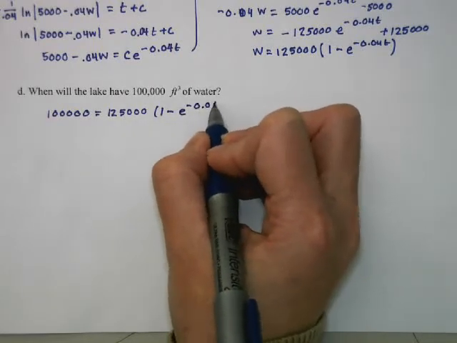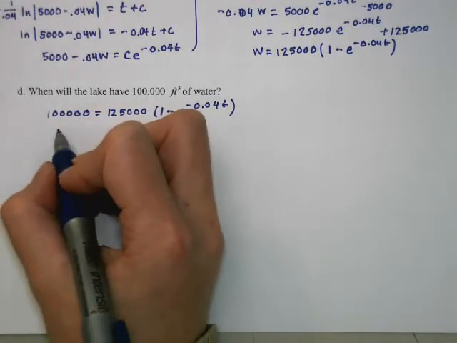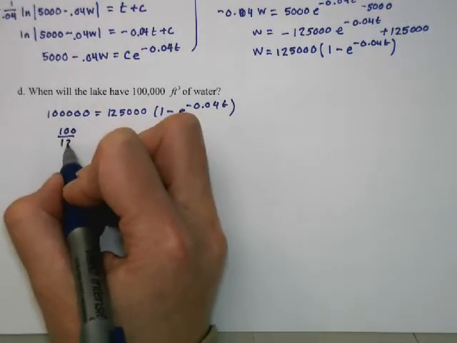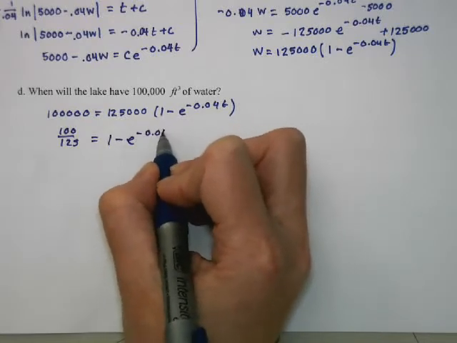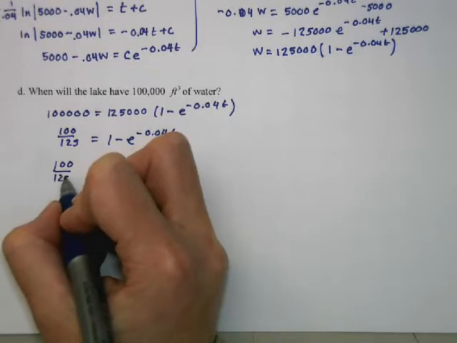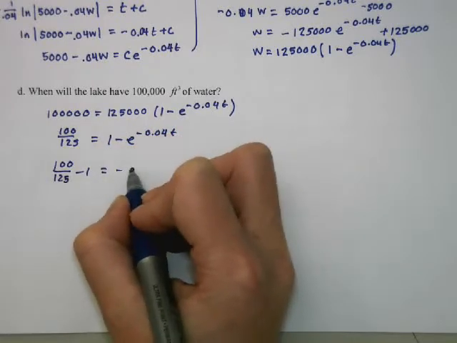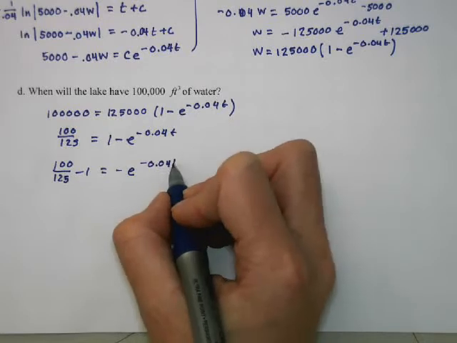So I'm going to divide. Subtract 1. Make it the opposite, so this will now be 1 minus 100.